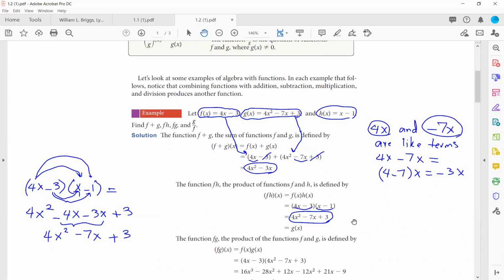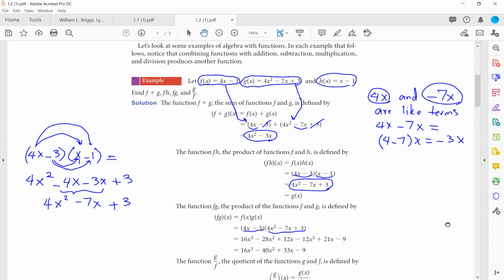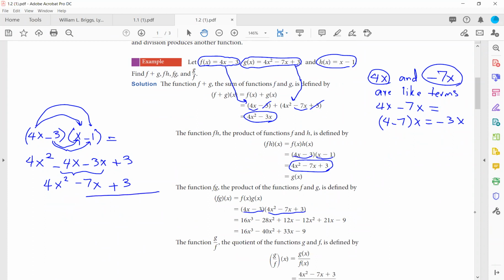Let us multiply f and g. f is 4x minus 3, so we copy down the definition of f, times g, we copy down the definition of g. Very well, so let us write it here.